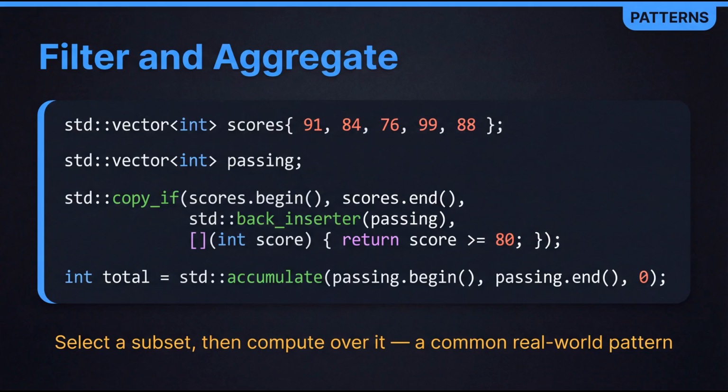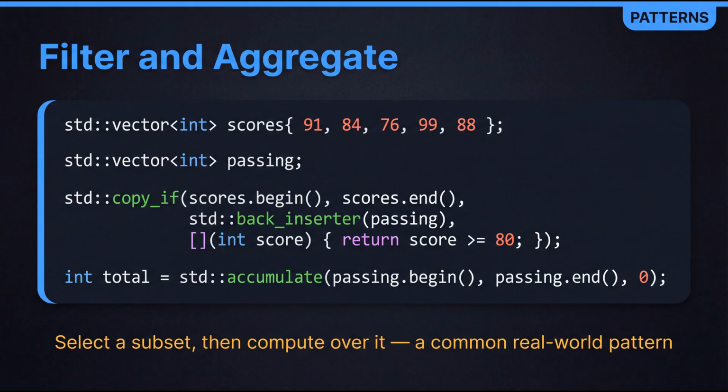A realistic pattern: select a subset, then compute something over it. We have exam scores: 91, 84, 76, 99, 88. First, we use copy_if to select passing scores, those 80 and above, into a new vector.